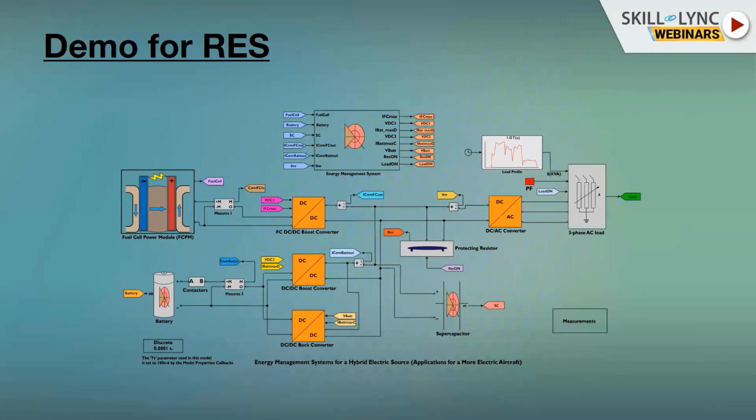Likewise, on the right-hand side at the bottom, you can see the supercapacitors, which also produce energy, and in between we couple all these things, that is, we hybridize them, using a DC to DC converter, a boost converter, and a buck converter. A boost converter is like a step-up transformer, and a buck converter works like a step-down transformer.